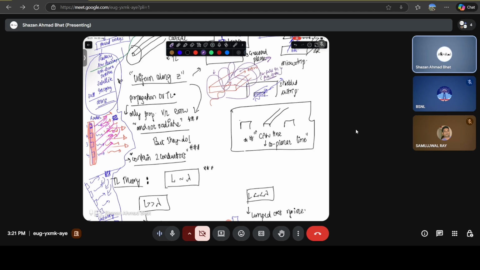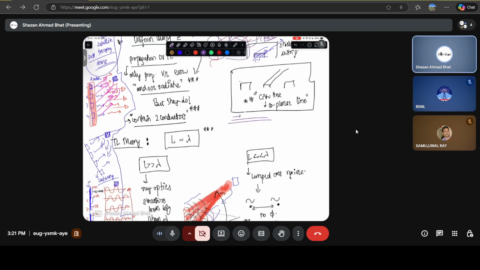So that's why, because these fields are always there in the free space whenever the electromagnetic wave moves, even if you have a wire carrying current at a certain frequency, because of the current, a magnetic field is associated with it.